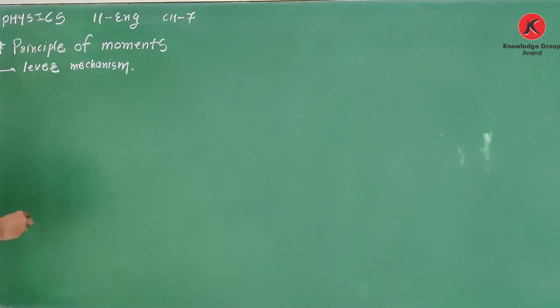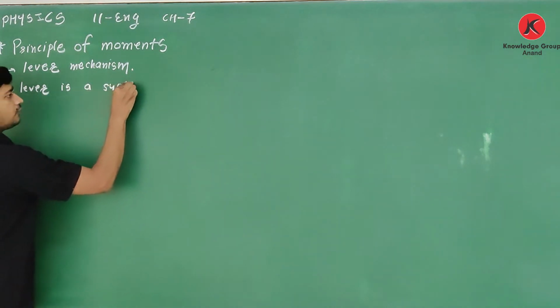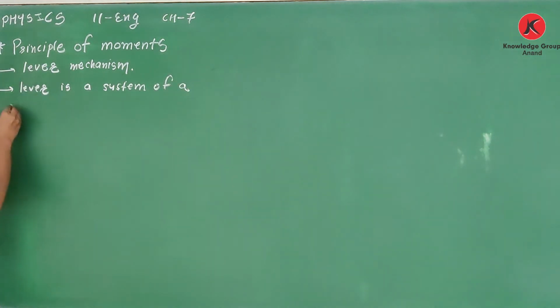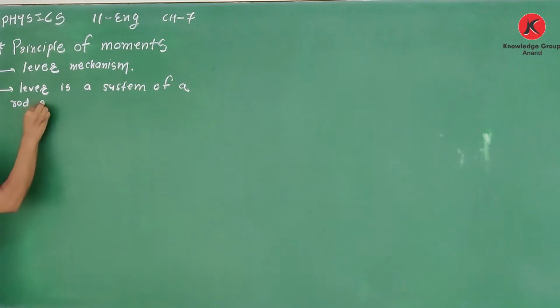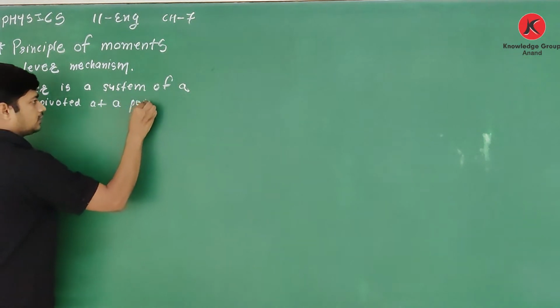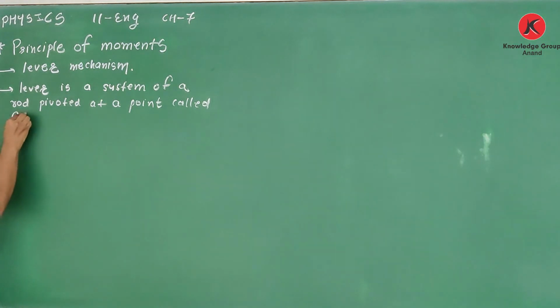What is a lever? A lever is a system of a rod of negligible mass pivoted at a point called the fulcrum, like this.